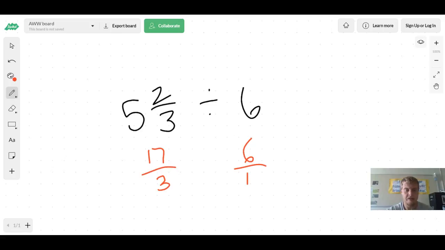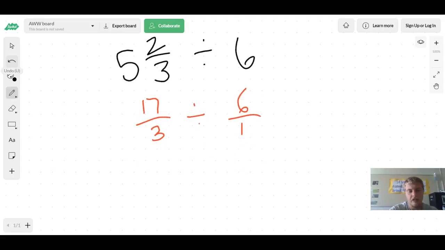So now we have 17/3 divided by 6/1. Well, when you divide fractions, we really don't have the same kind of operation for dividing. What you do for dividing fractions is you change the division into multiplication, and you take the inverse of the fraction, or you flip it over, making it 1/6.